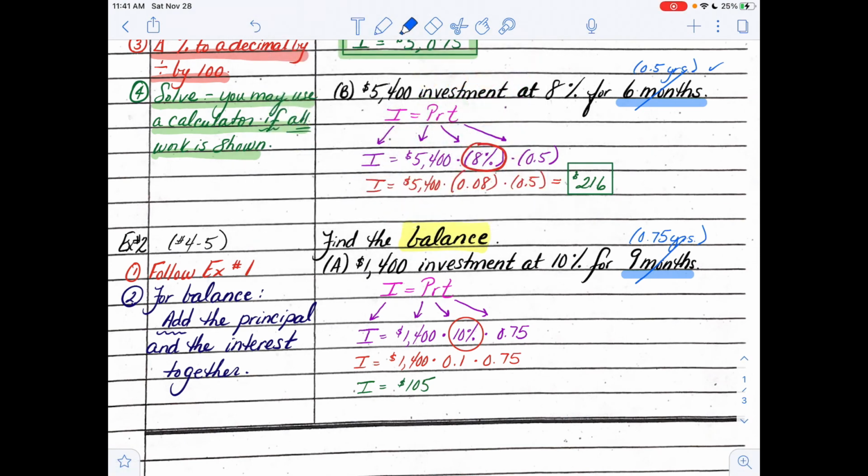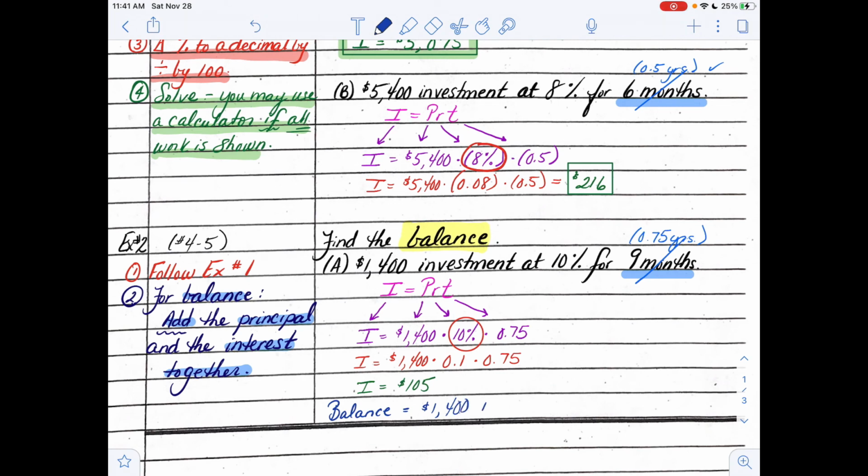And that balance is when we go ahead and add the principal and the interest together. So that balance is going to be, how much money did you allow them to use? $1,400.